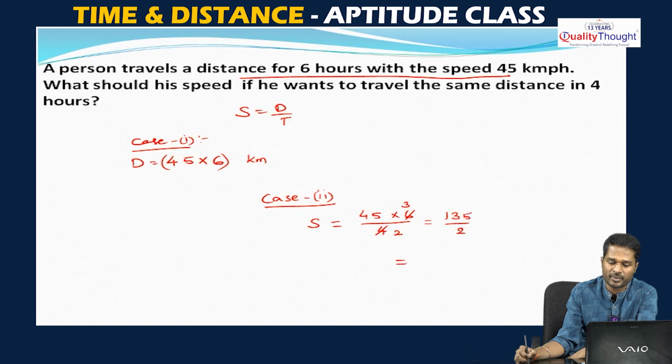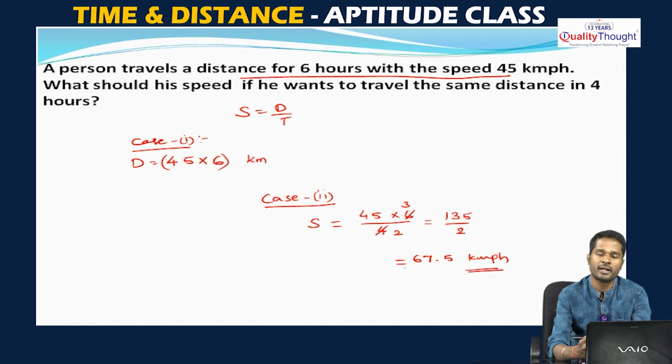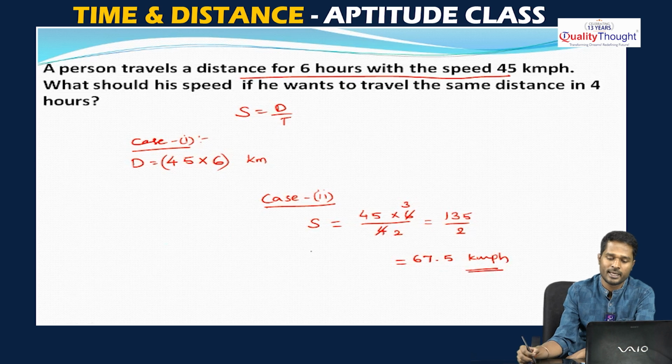So 135 by 2: 2 6s are 12, 2 7s are 14 and 2 5s are 10. So the required speed to cover the same distance in 4 hours is 67.5 kilometers per hour.